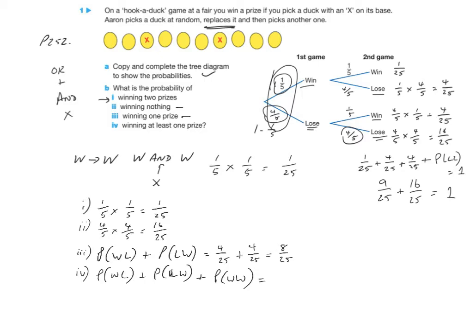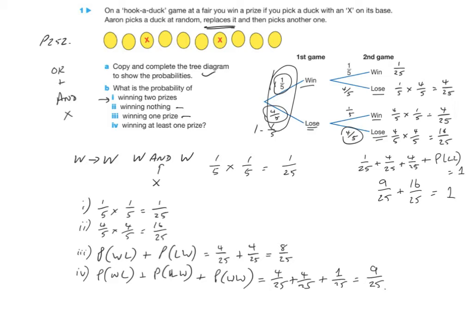So we've got 4/25 plus 4/25 plus win-win, which is 1/25, which equals 9/25. So having a good tree diagram is absolutely essential. Okay. Now I'm only going to do one example from each one, because I think you should be okay.